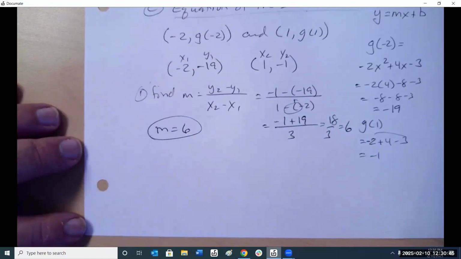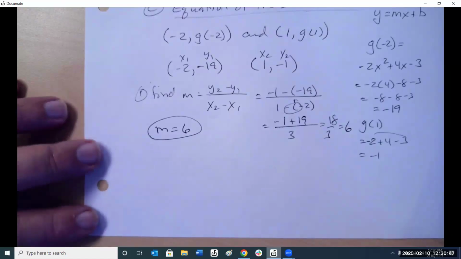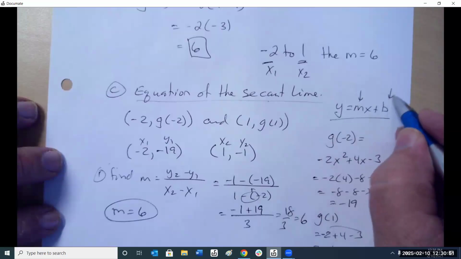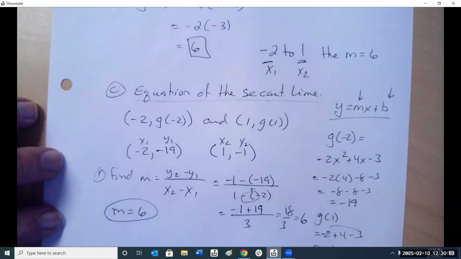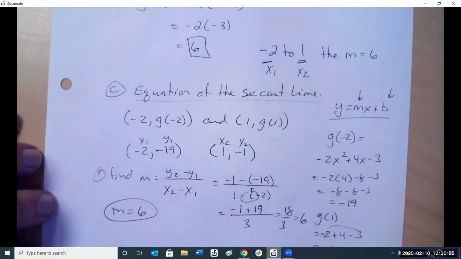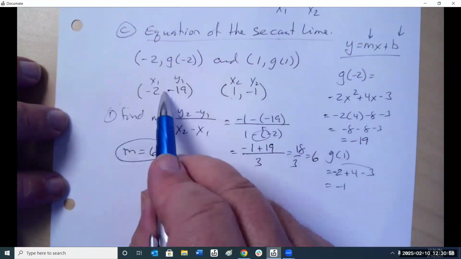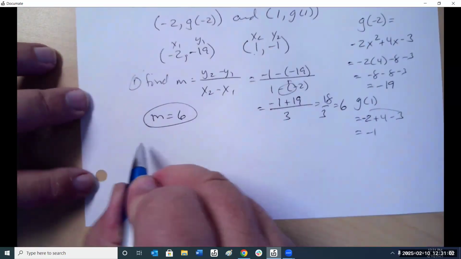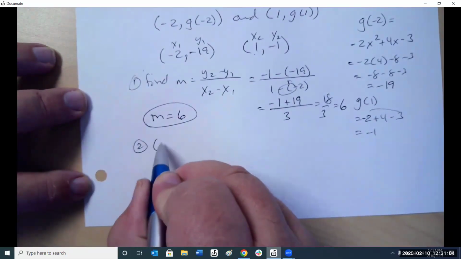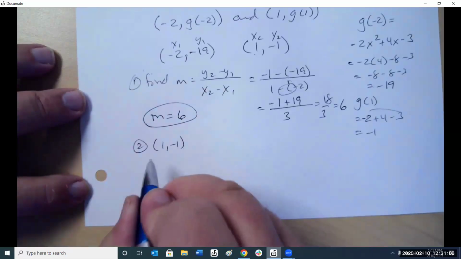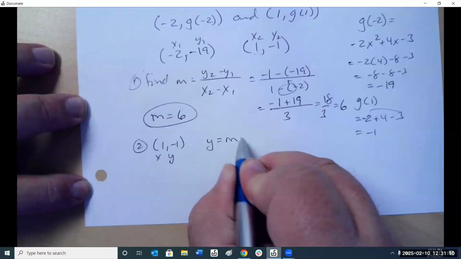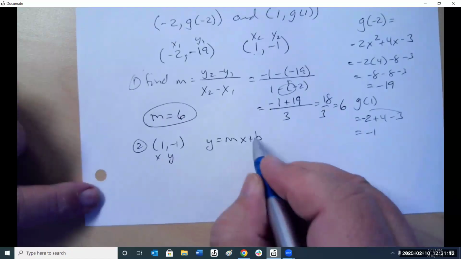Now what do we do? To find the equation of a line, we have a slope. We have to find the y-intercept. How do we do that? Choose either point and put it in for x and y. So I'm choosing 1, -1. This is x and this is y. I have to solve for b.